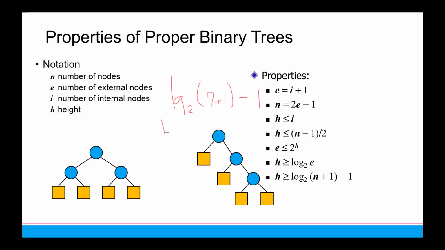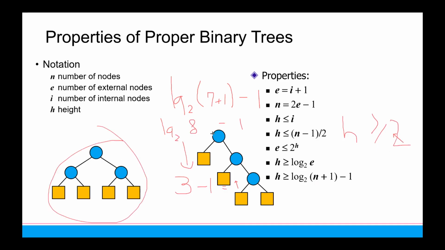Log base 2 of 8, it is 3. Okay. 3 minus 1, it is 2. So h is greater than or equal to 2. Okay, then yes, because this height is 2 and this height is 3, this property is correct. Okay.